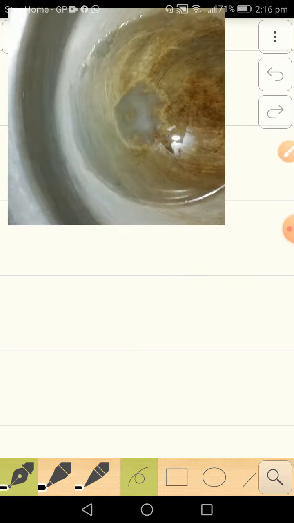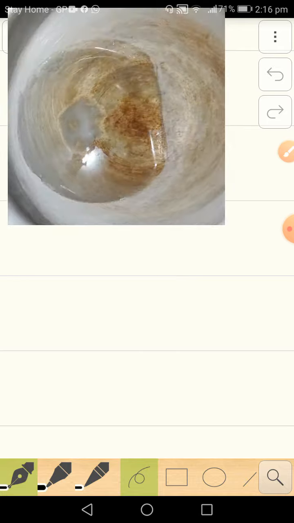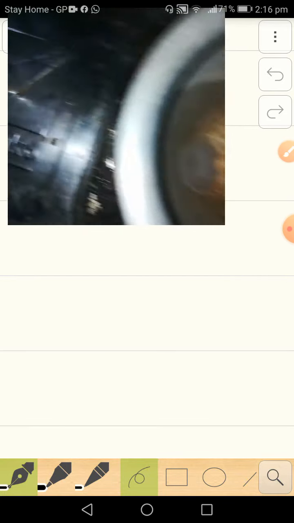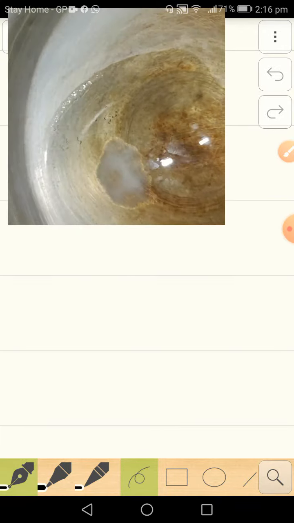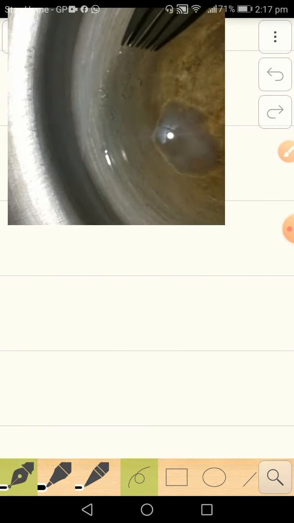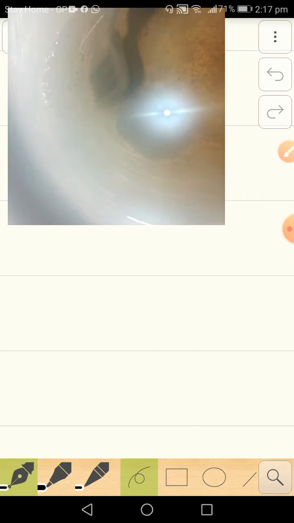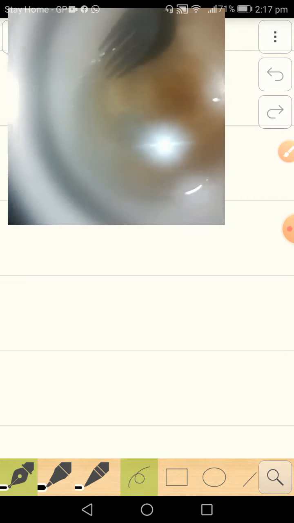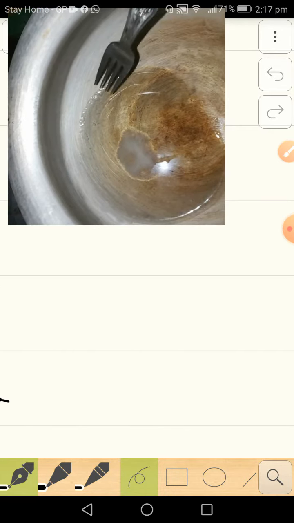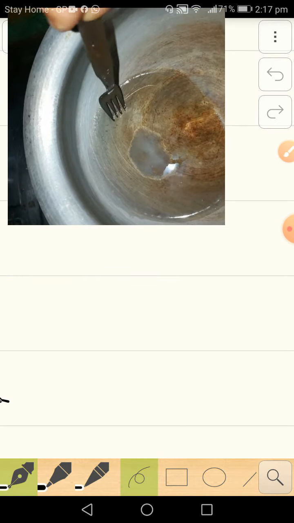Look, can you see the salt in the solution that has been produced at the bottom of the container? There's the water remaining, and the salt produced at the bottom of the container, and some more salt is waiting. Look over here, some more salt crystals are yet to be formed.